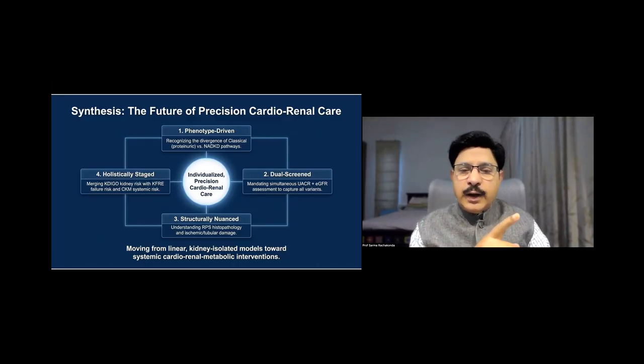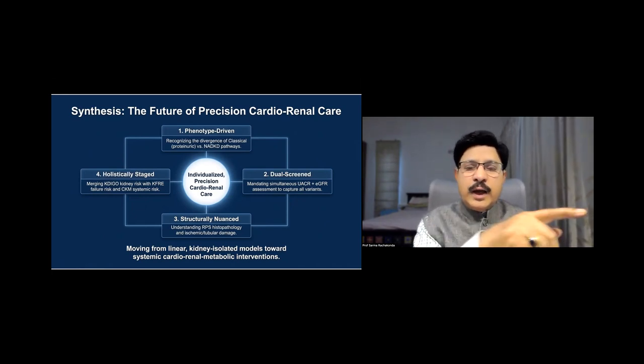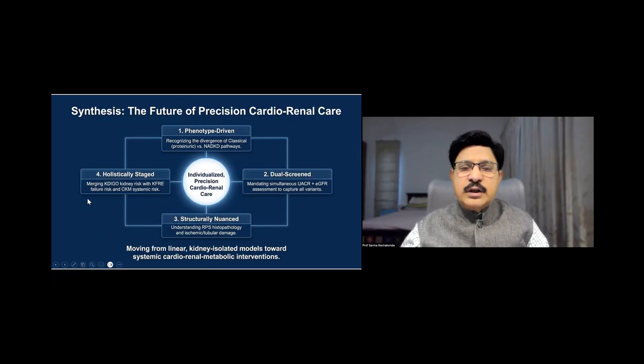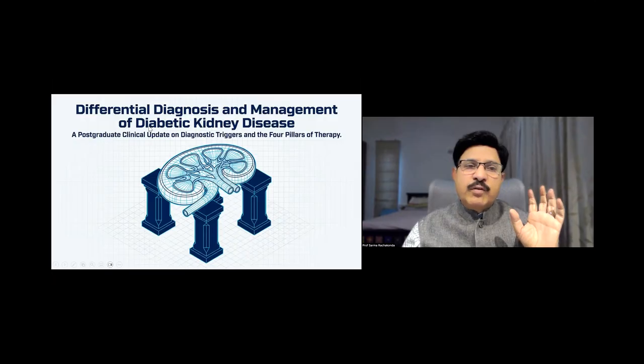Moving from a linear, kidney-isolated model, earlier it was kidney only, nephrology only, the nephrologist, toward a systemic cardiorenal metabolic intervention. This is called individualized precision cardiorenal care, or precision medicine. Now, with this, the second part is over.